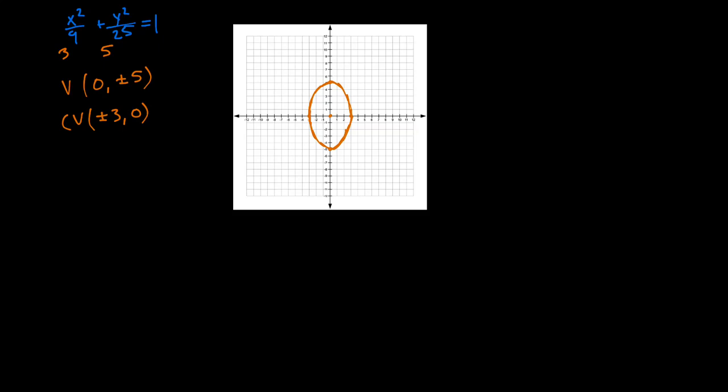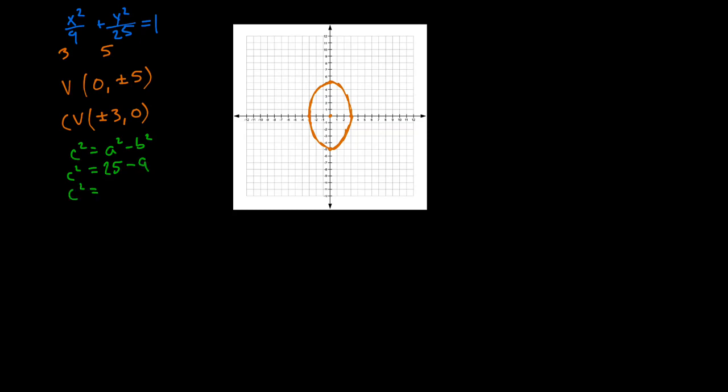And to find the foci, we do, again, c squared equals a squared minus b squared, where a is the larger radius, b is the smaller radius. So our larger radius squared is 25. The smaller one is 9.